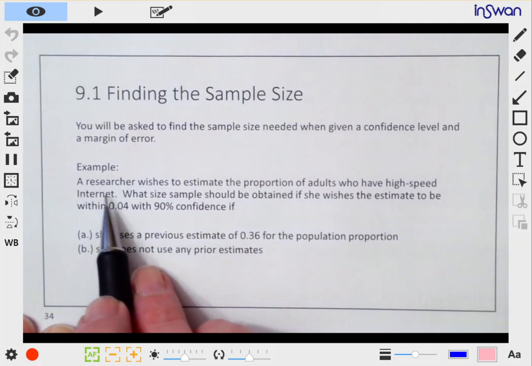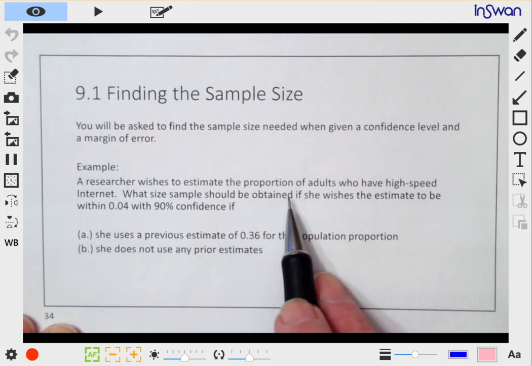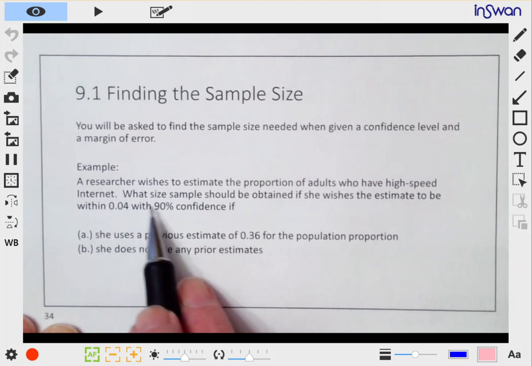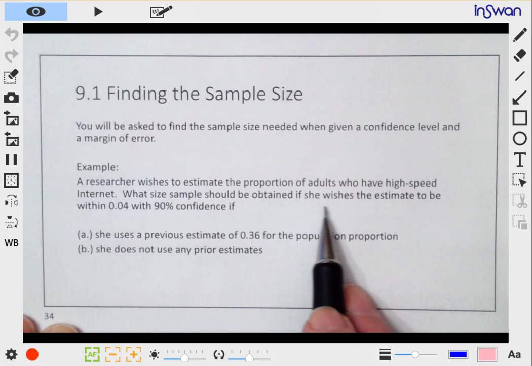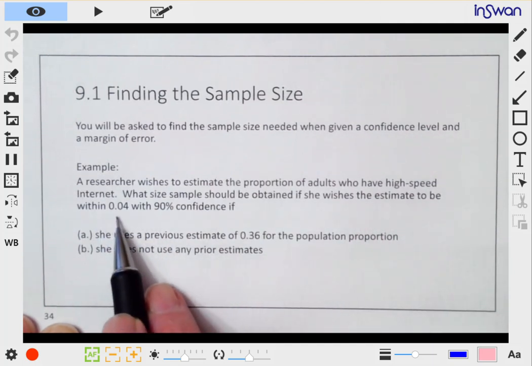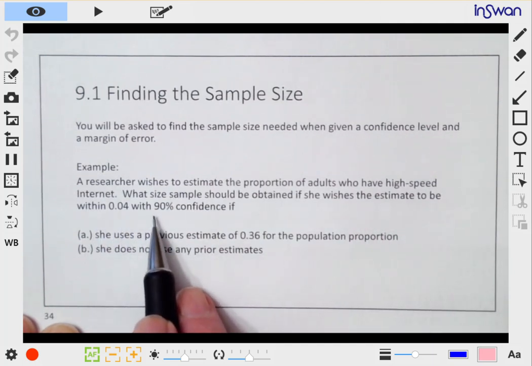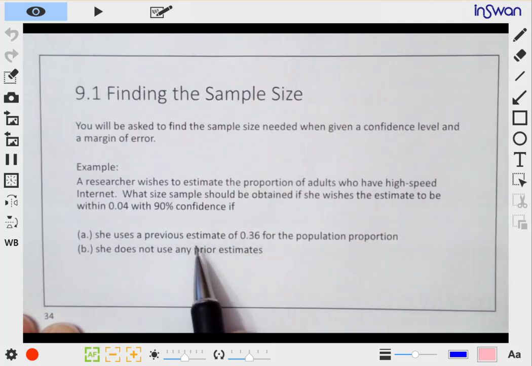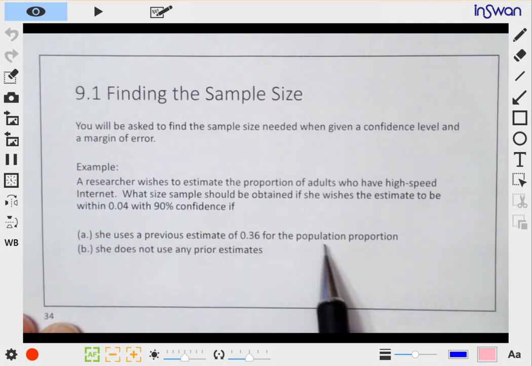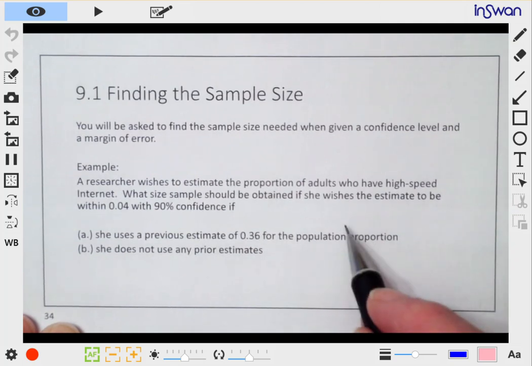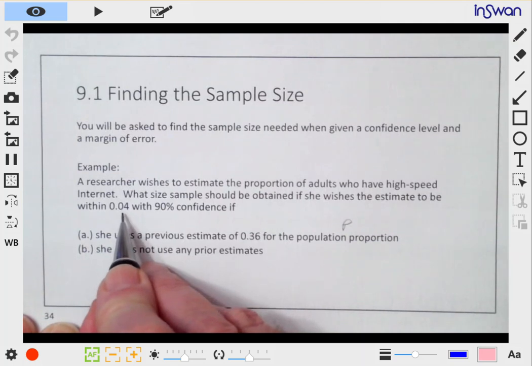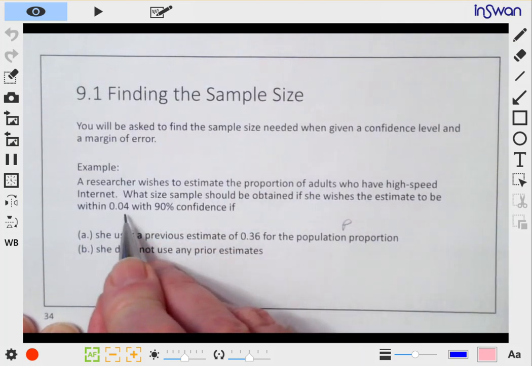For example, a researcher wishes to estimate the proportion of adults who have high-speed internet. What size sample should be obtained if she wishes the estimate to be within 0.04 with 90% confidence if (a) she uses a previous estimate of 0.36 for the population proportion, so that would be our p, or (b) she does not use any prior estimates. So if we're within 0.04, that's basically 4%.